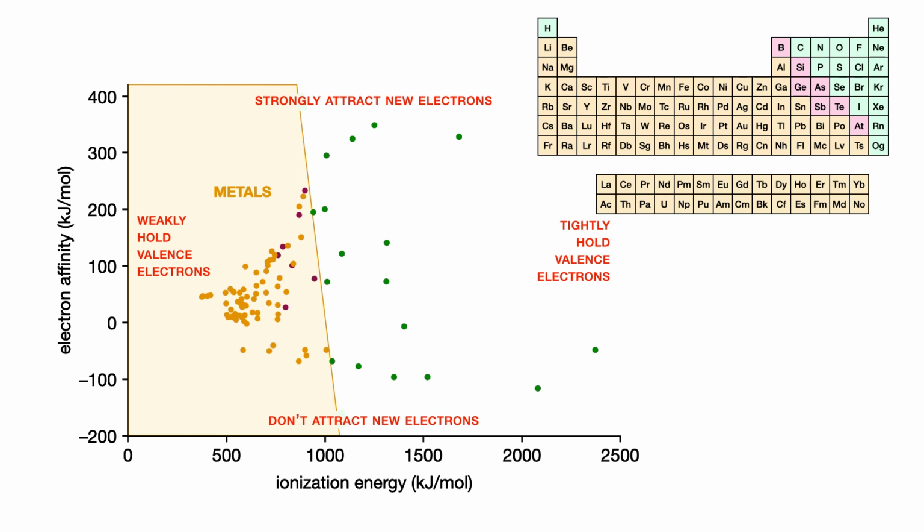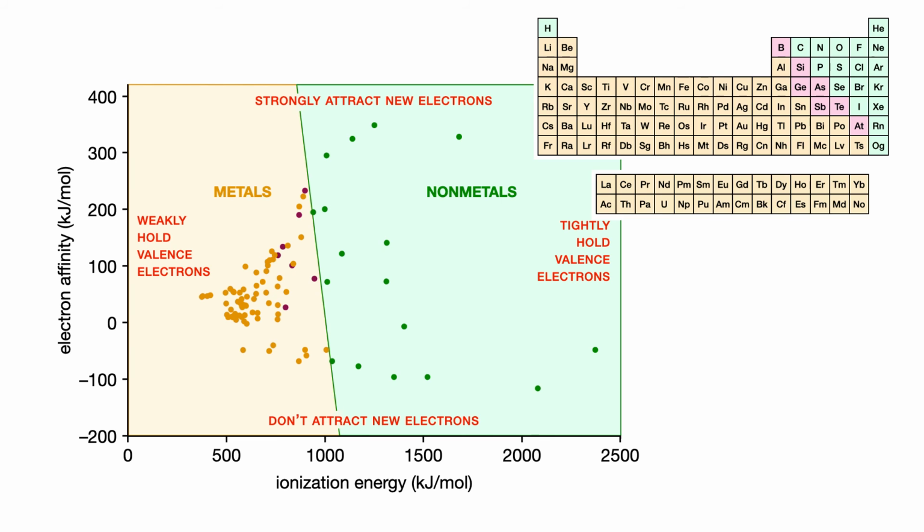They all have a relatively low ionization energy, and all of the nonmetals are on the right side of this graph. They all have a relatively high ionization energy. And within each group, there's a wide range of electron affinities.